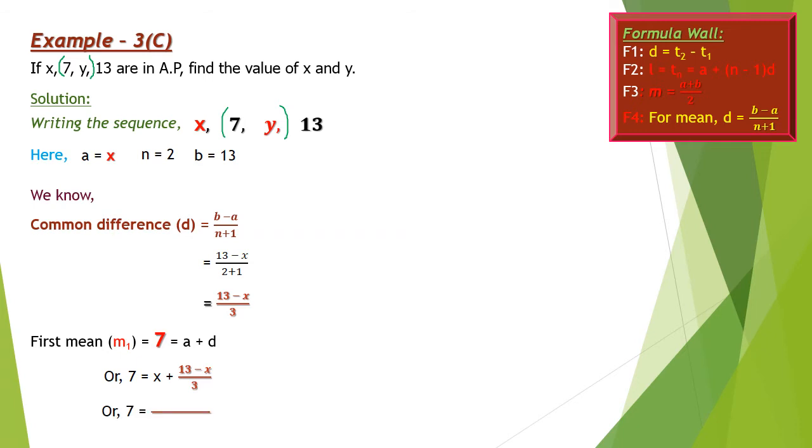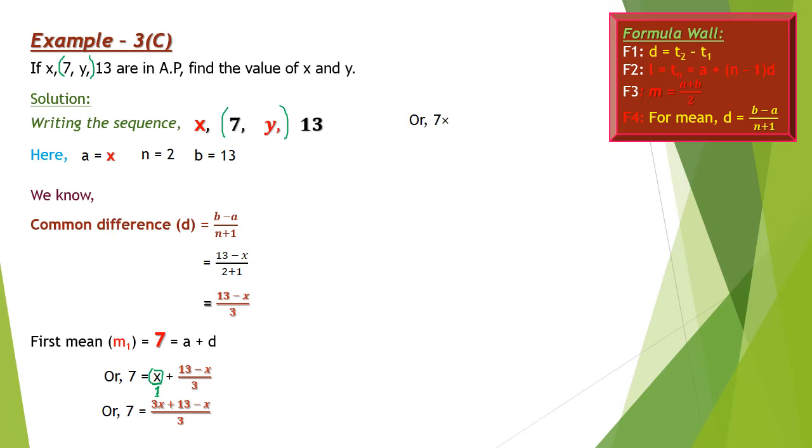Now only x is unknown, so we can easily find the value of x. 7 equals, we are taking LCM right here, 3x plus 13 minus x over 3. LCM of 1 and 3 is 3, so 3 goes to x, that is 3x plus, and 1 goes towards 13 minus x. So multiplied by 1, 13 minus x is 13 minus x.